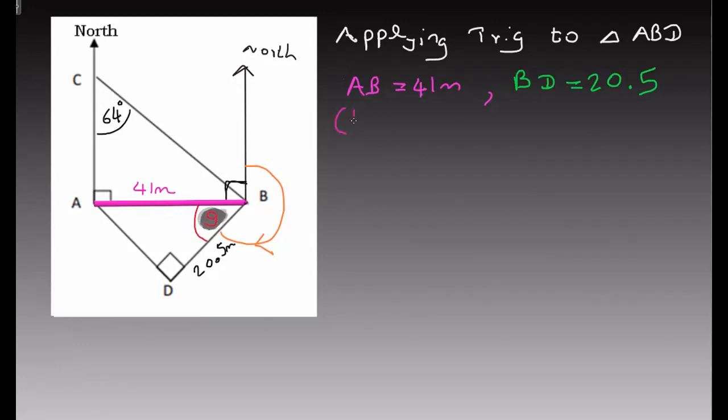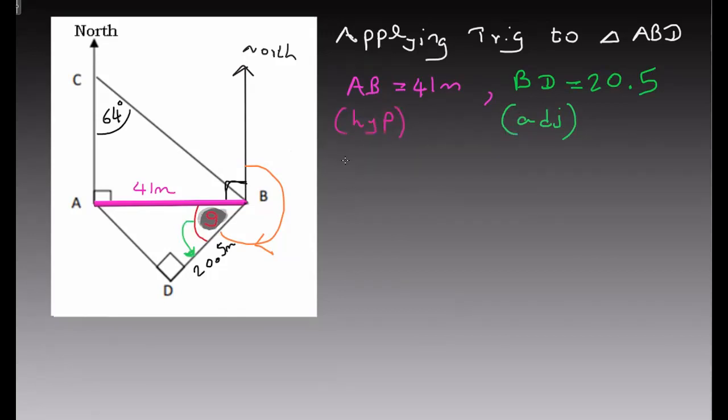So AB is the hypotenuse. And BD, in relation to angle G, which we are supposed to find, is next to angle G. So what's the name we give to it? The side adjacent to angle G. So we have H and A. So let's see which ratio has H and A.